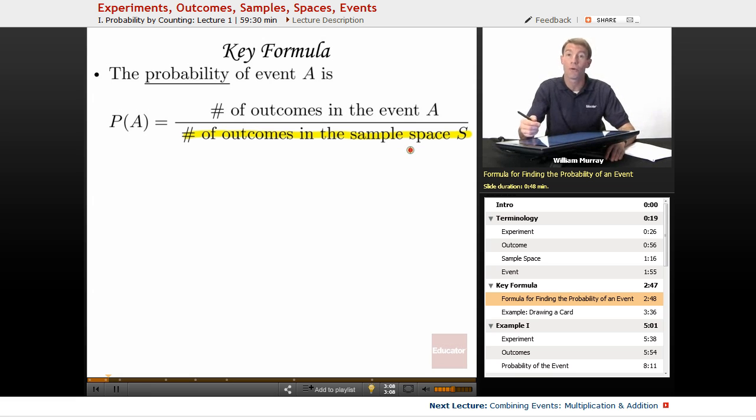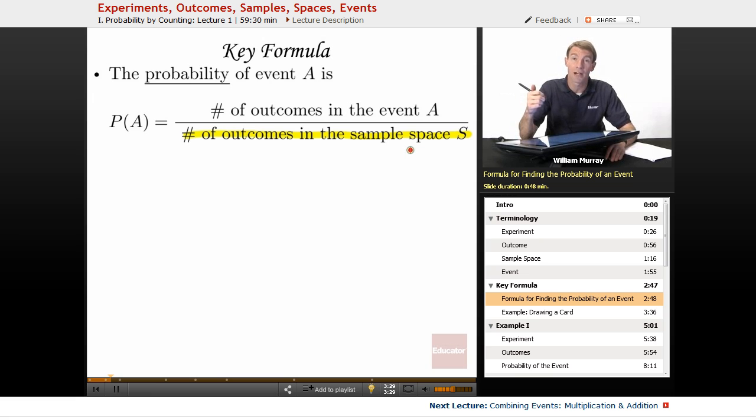If you're flipping a coin, the only two things that can happen are head and tail. So you just count the head and the tail. You get two possible outcomes. If you're drawing a card from a deck, there's 52 different things that can happen, because you could get the ace of spades or the two of spades up to the king of spades and so on. There's 52 different cards that you might draw.